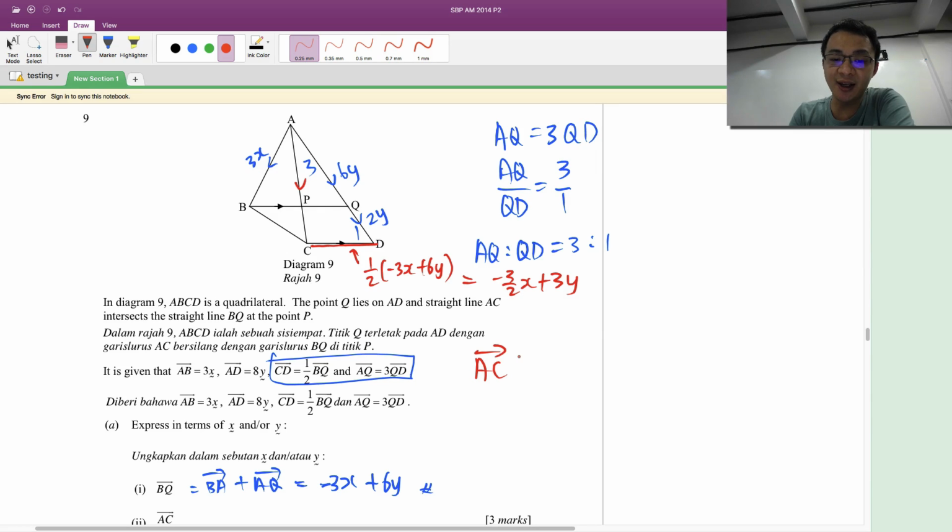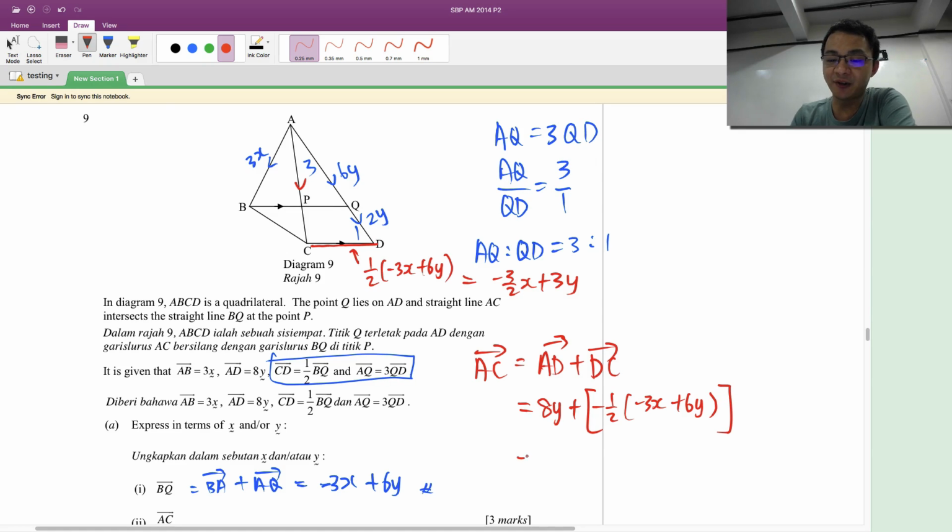So if we have CD, we can find AC. Because AC itself, A to C, will equal AD plus DC. So AD is actually 8y plus DC. DC, this is CD, right? So CD and DC must add a negative. So it will be negative half bracket negative 3x plus 6y.